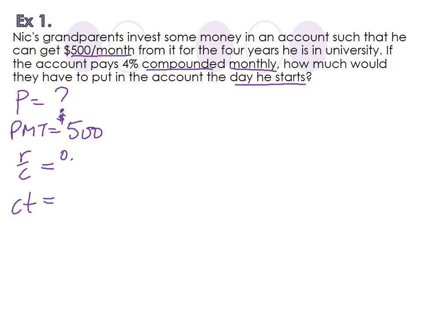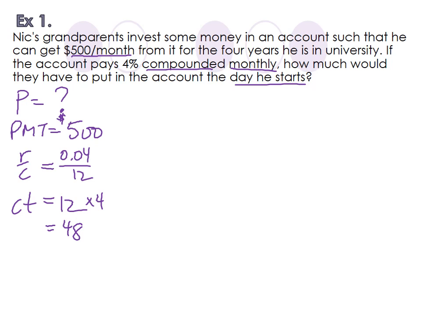Our interest rate, 0.04 over 12. That does not work out to be a nice decimal, so we're going to leave it like that. And our CT value, 12 times, and it says the 4 years he's in university, so 12 times 4 is 48.